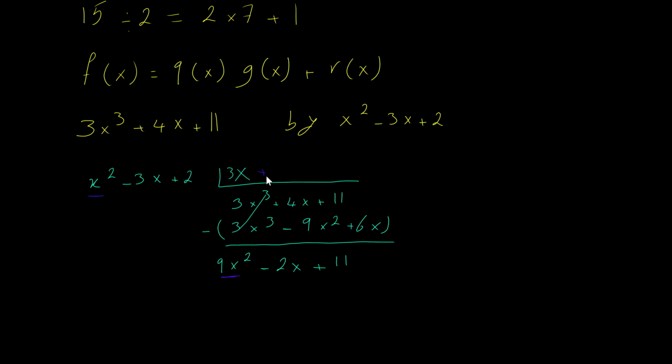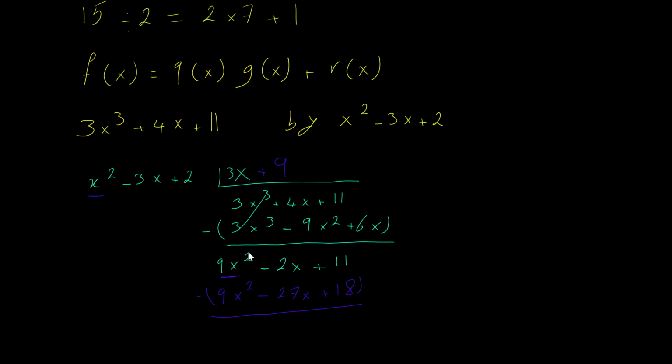So that's going to be plus 9. If we multiply the whole thing by 9, it's going to be 9x squared minus 27x plus 18. And we do the same thing here.